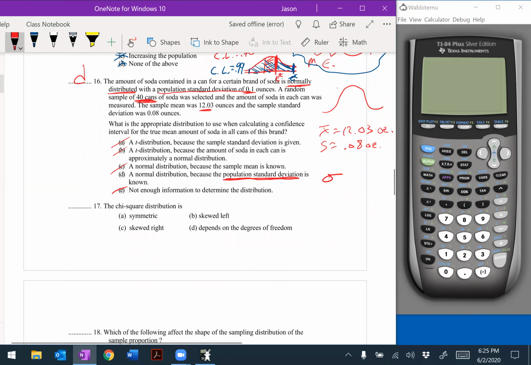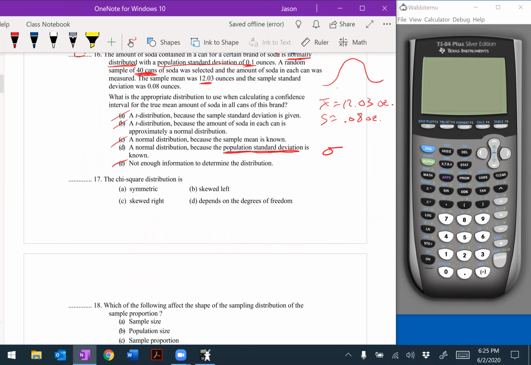Okay, number 17, the chi-square distribution is what? Well, one of them looks like this. But there's a bunch of them. There's a family of these depending upon the degrees of freedom, right? So is it symmetric?